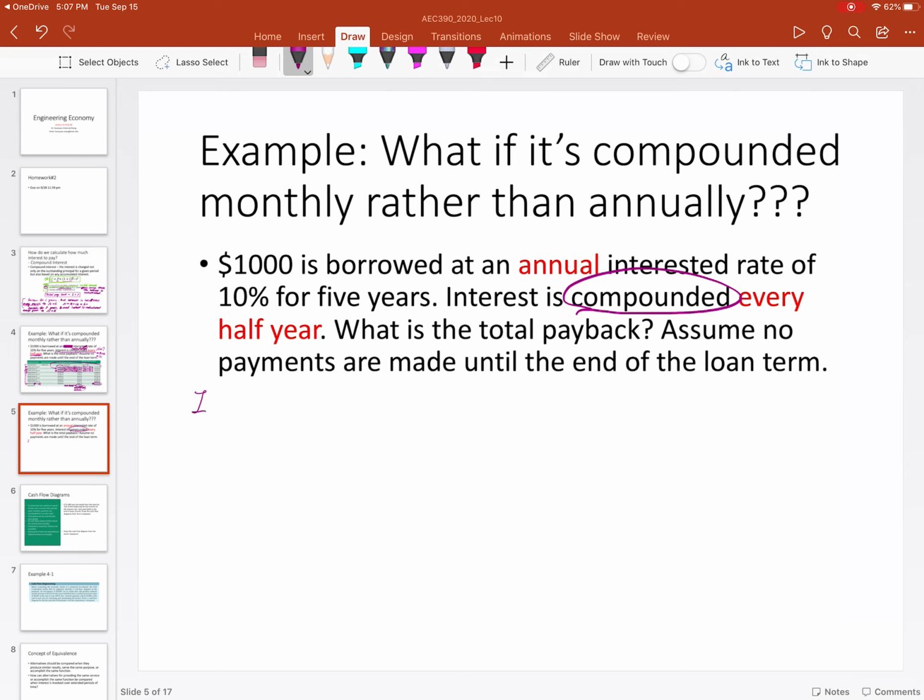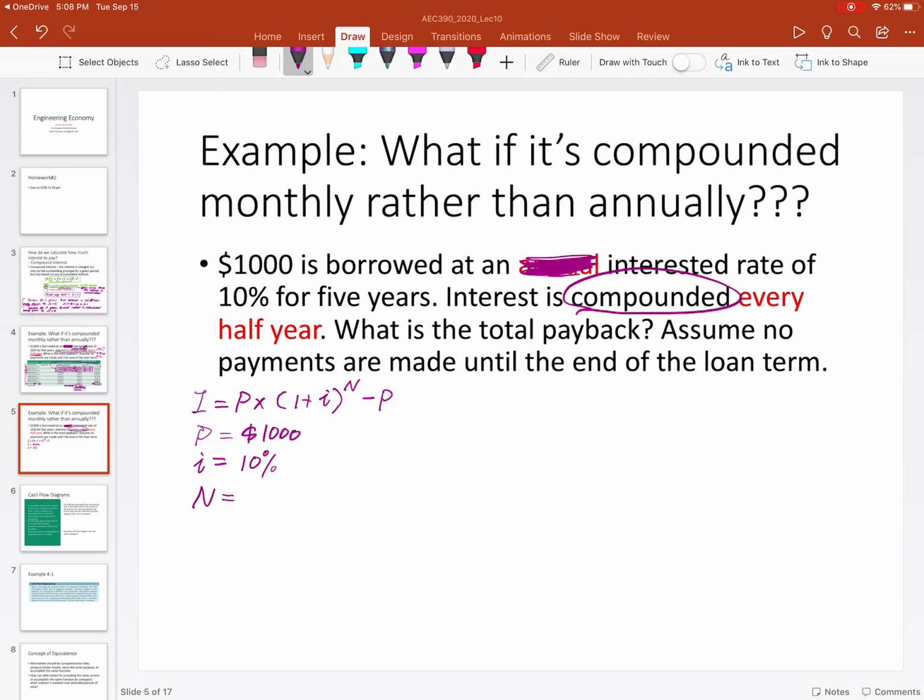Because this is a compound interest problem, we use I equals P times (1 plus i) to the power of n, minus P. Now P is the initial amount you borrowed, which is 1,000, and i is 10%.